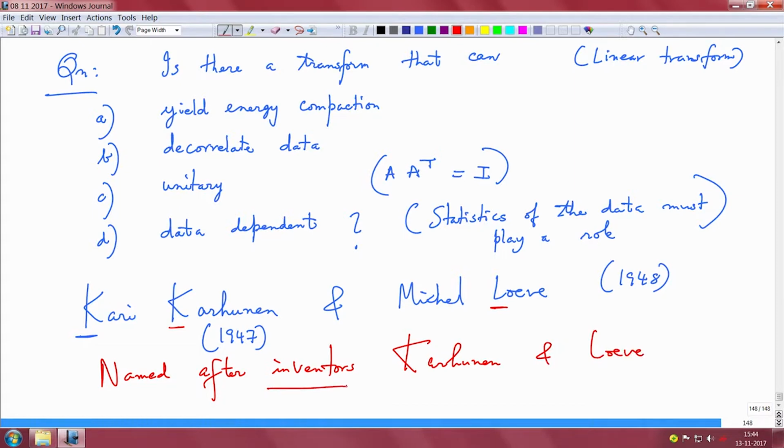So, we will study the properties of KL transforms, we will study the properties that lead to KL transforms, and set up the problem in the framework of optimization that automatically leads us to the transform. So, I think it will be a two-step approach in the lecture.